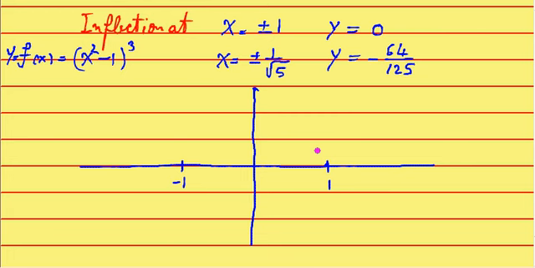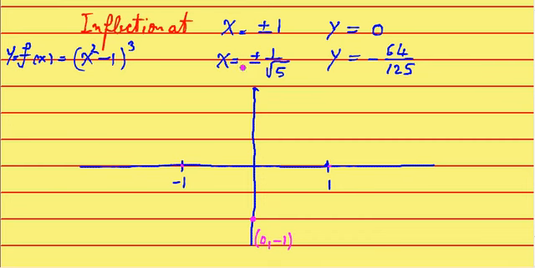You remember we had a minimum point at 0, minus 1, so let me write that. Then here are two inflection points. They are also the x-intercepts.